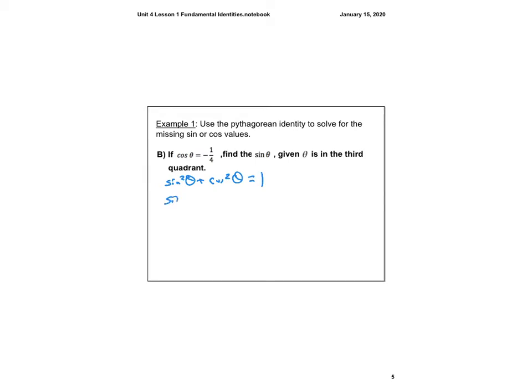We don't know sine this time. Cosine is -1/4. So if I square both the numerator and denominator, negative 1 squared is 1, 4 squared is 16. I'm going to subtract 1/16 from both sides.